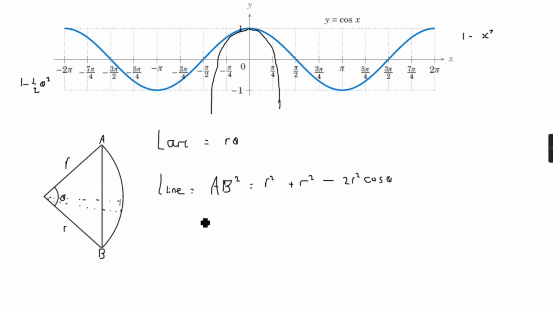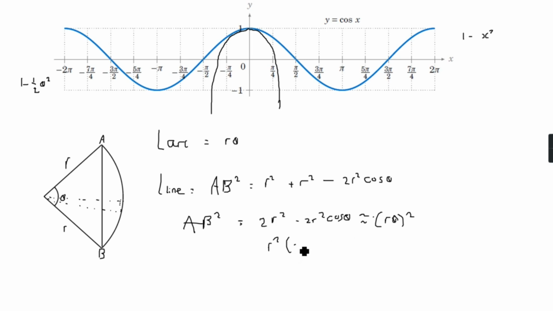So it follows that AB squared is, well, we collect these terms, so it's 2r squared minus 2r squared cos theta, is approximately r theta squared, because the length of AB is now squared. And we can factor out r squared and expand on the left, so that becomes r squared theta squared.